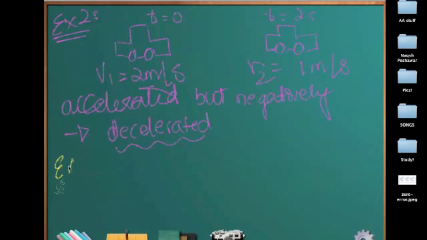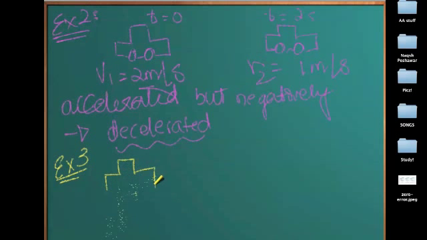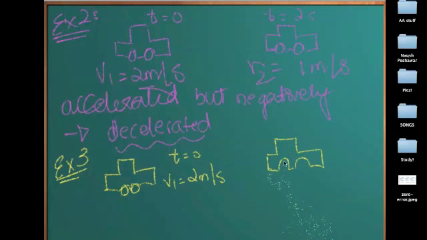Example number 3. This is the same car, and it has retarded wheels here. So at time t is equals to 0, the velocity 1 is 2 meters per second, and at time t is equals to 2 seconds, the velocity 2 is 2 meters per second.